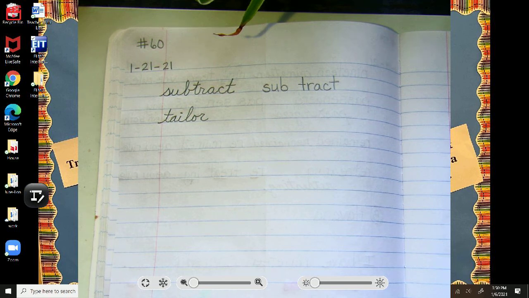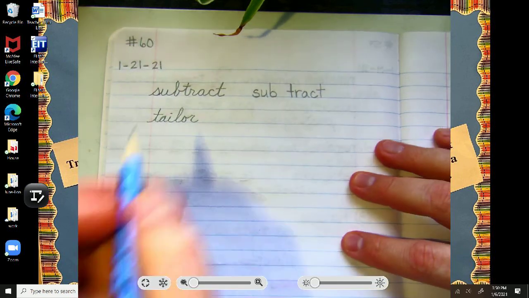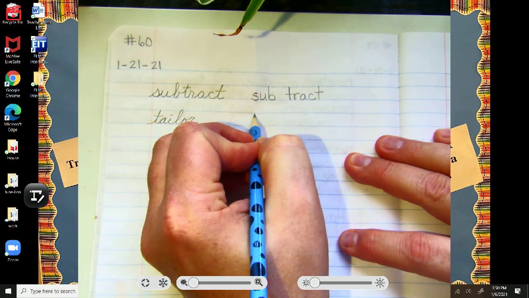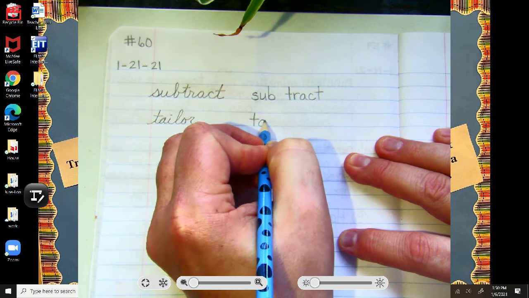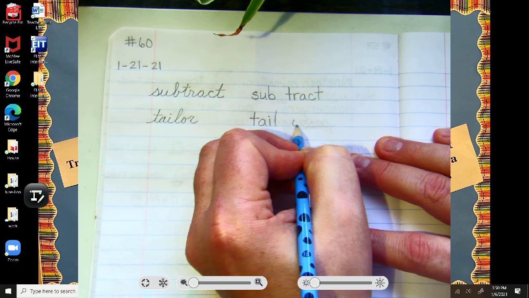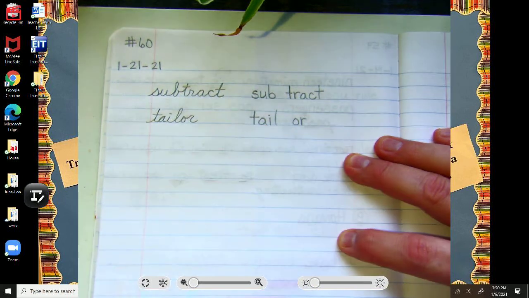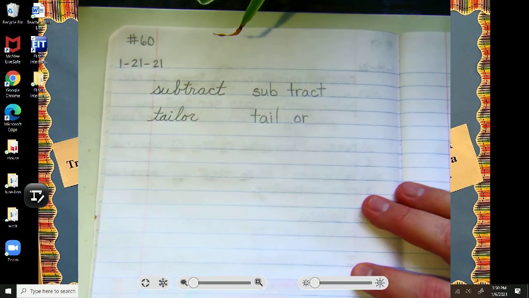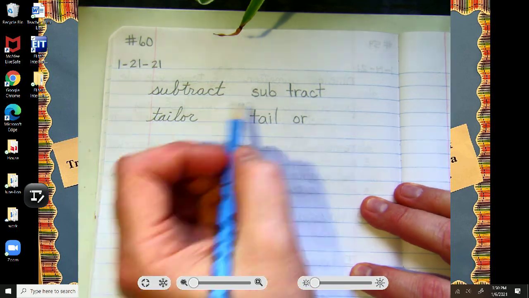How many syllables in tailor? Correct, 2. Our first syllable is tail. And our second syllable is or, tailor. Did you catch the 2 multiple letter phonograms?